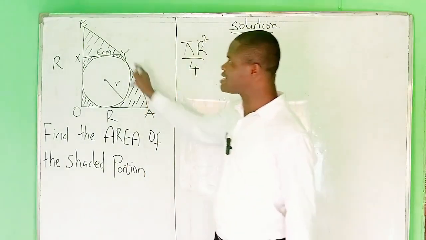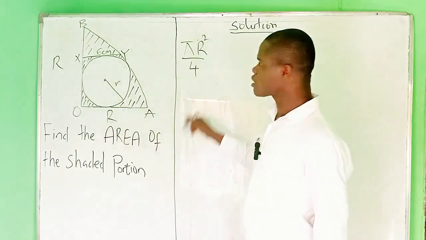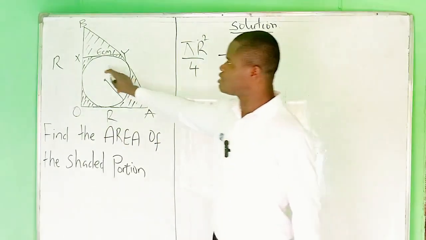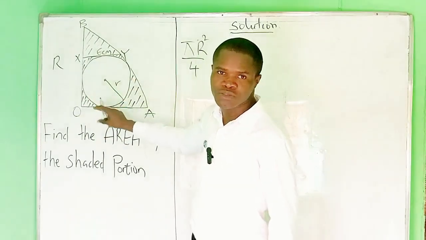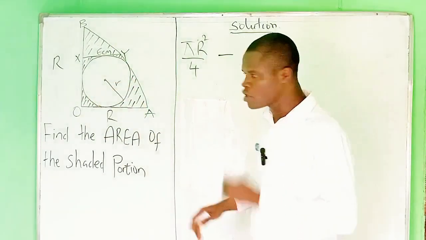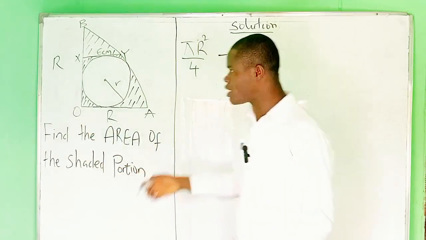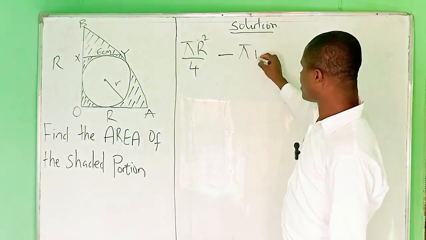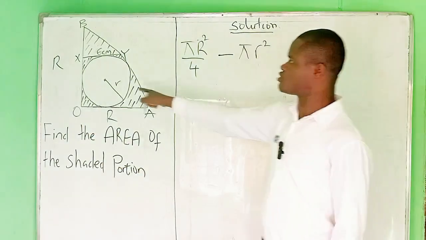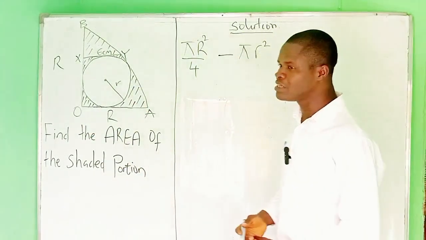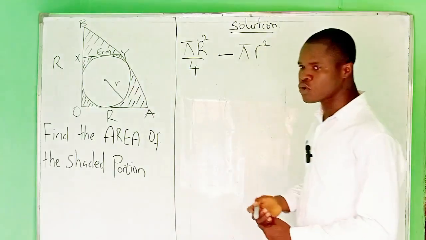So this is the formula for the area of this quadrant minus the area of the small circle that is inscribed inside the quadrant. Okay, so formula for area of this circle is pi r square, where r is the small r for the small circle inscribed inside the quadrant.